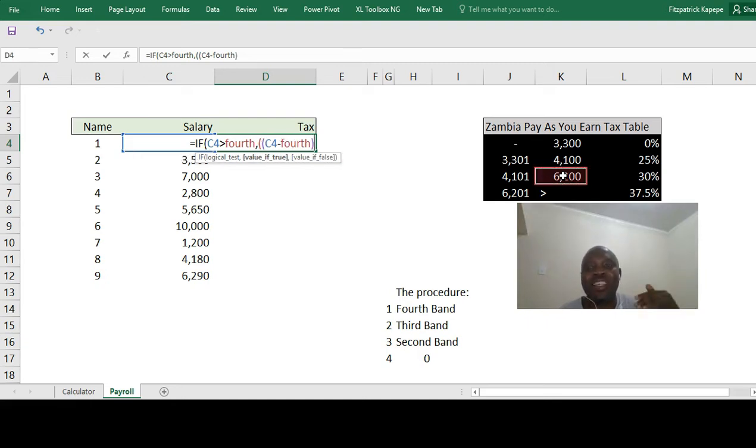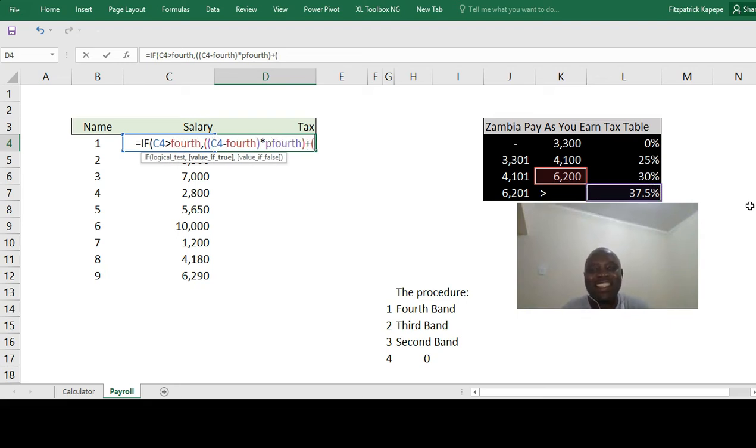Anyone who gets beyond 62 will be that amount that he or she gets less 62 times the percentage, which is for the last band. We close it like this. We have to respect BODMAS. Then plus.